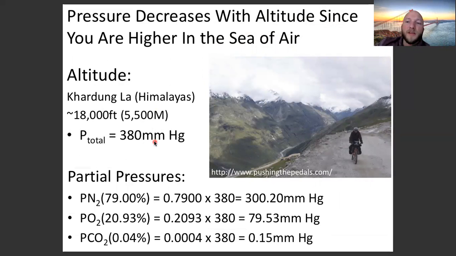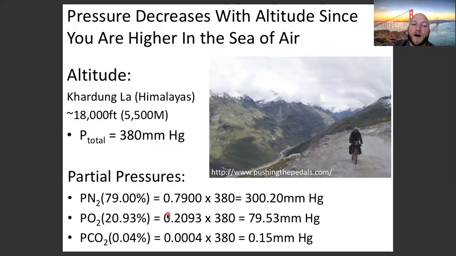Let's look at this mountain in the Himalayas. This is Kardung La. It's a mountain in the Himalayas, 18,000 feet in elevation. That's a really high elevation. Atmospheric pressure is 380 millimeters of mercury. So let's calculate it. For nitrogen, 0.79 times 380 gives us a nitrogen partial pressure of 300.2 millimeters of mercury.